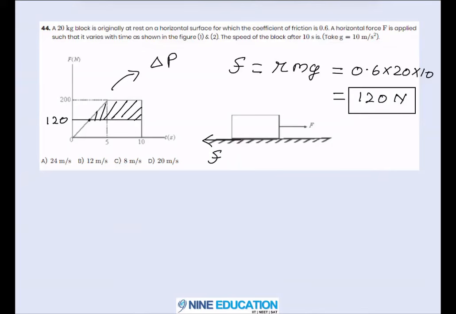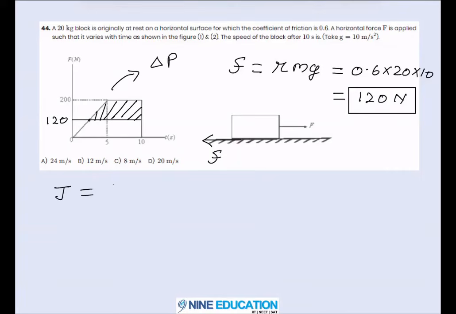Okay, because out of the complete force, 120 Newton amount of force is getting used up by the friction, right? So let us calculate the impulse by calculating the area. Let's see. So the area of that particular picture is nothing but your impulse or change in momentum, which is also the area.